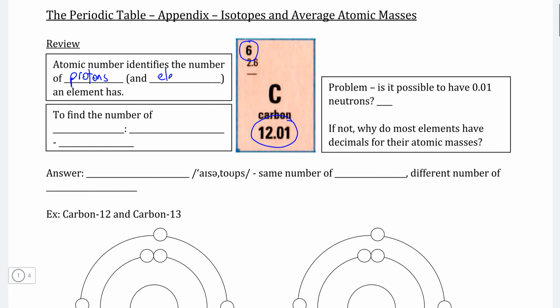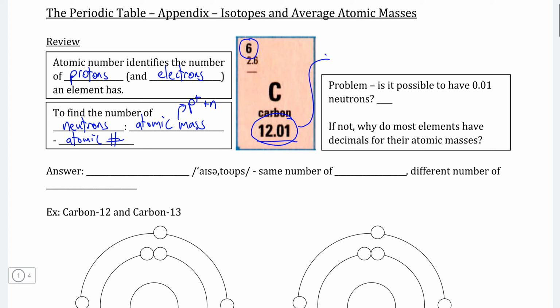So instead, we need to take the atomic mass number, which we find at the bottom of the element symbol here, and subtract the atomic number from that, because the atomic mass number is simply the number of protons plus the number of neutrons, since electrons are assumed to have a mass of 0.